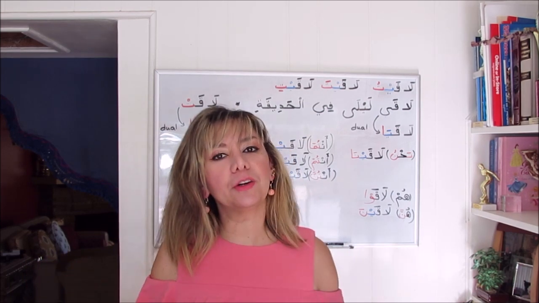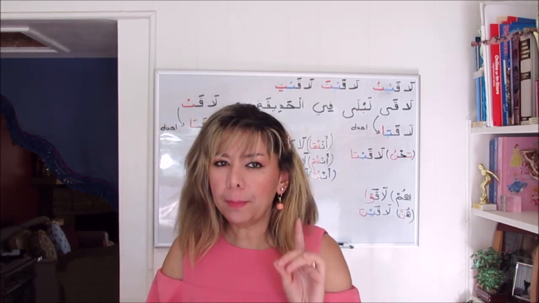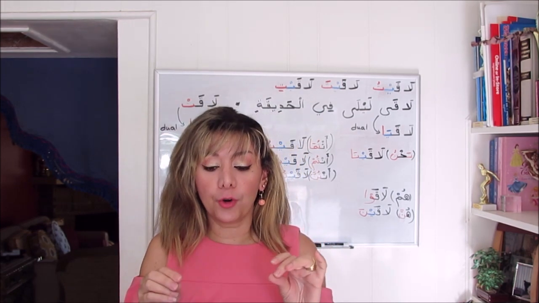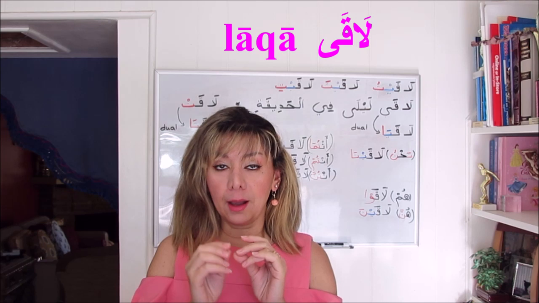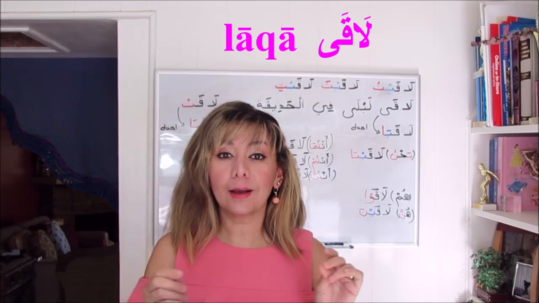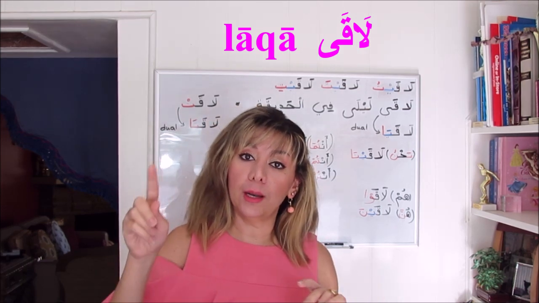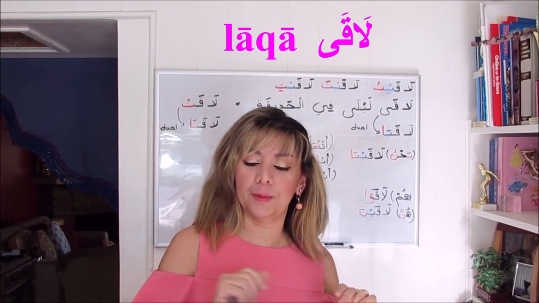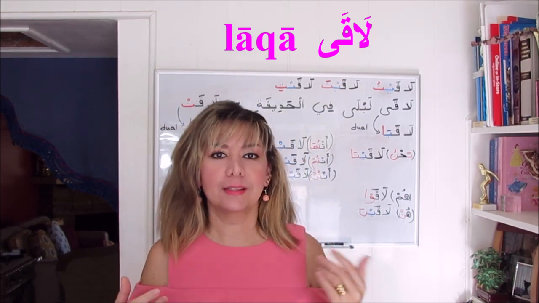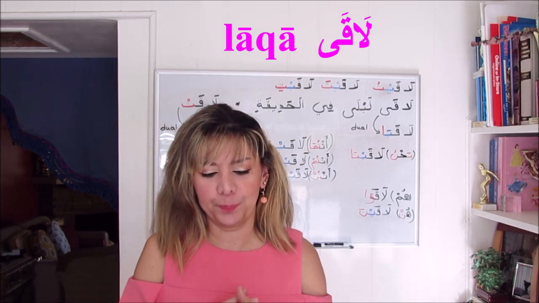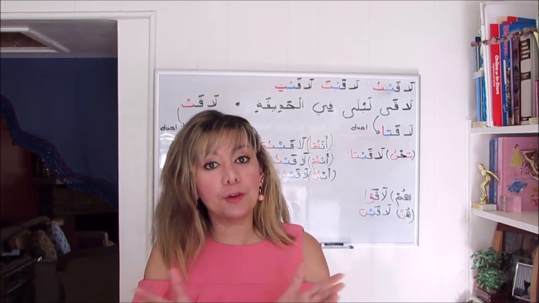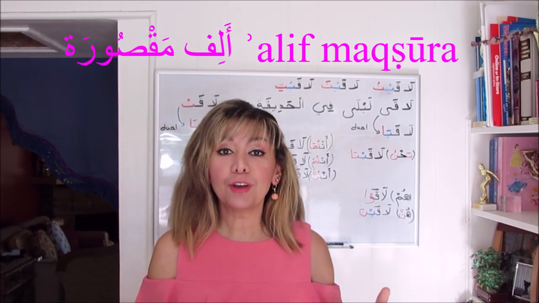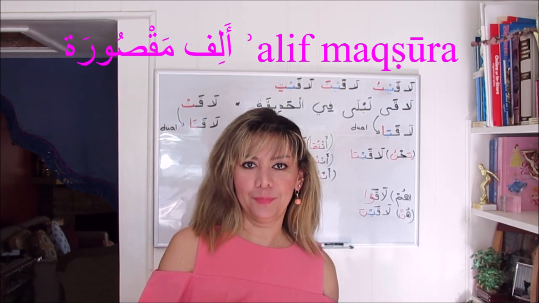Let's draw a clearer image of my point with form 3 final weak verb laqa. Laqa. You lengthen the lam, la, and qaf, qa, to meet someone, to encounter, which ends with another form of alif called alif maqsura.